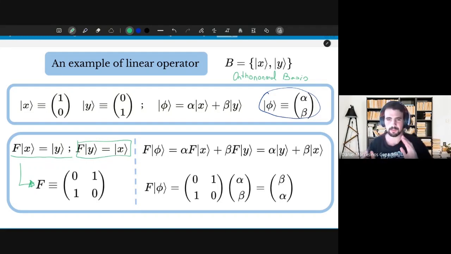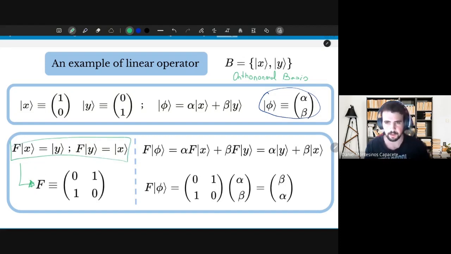Your vectors must be orthogonal and also have norm one, right? So from now on, I will always be working with orthonormal bases.